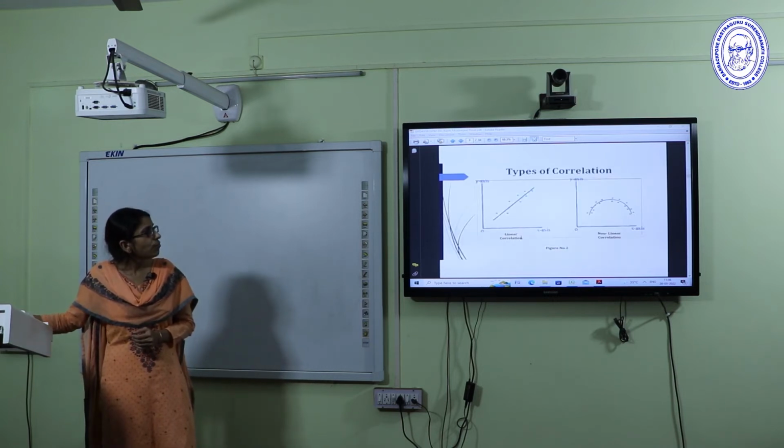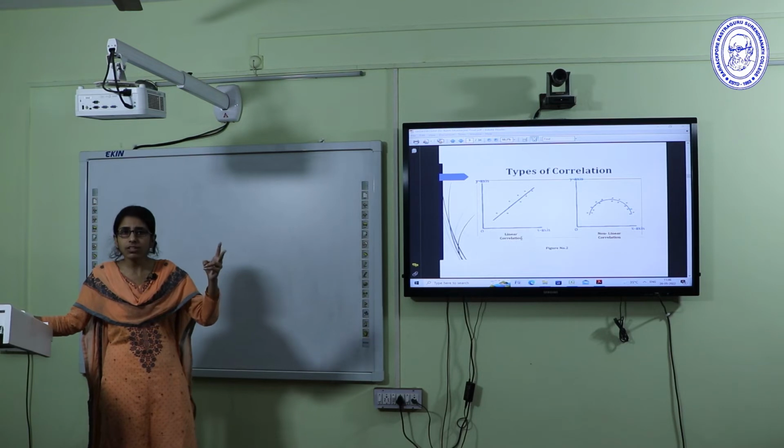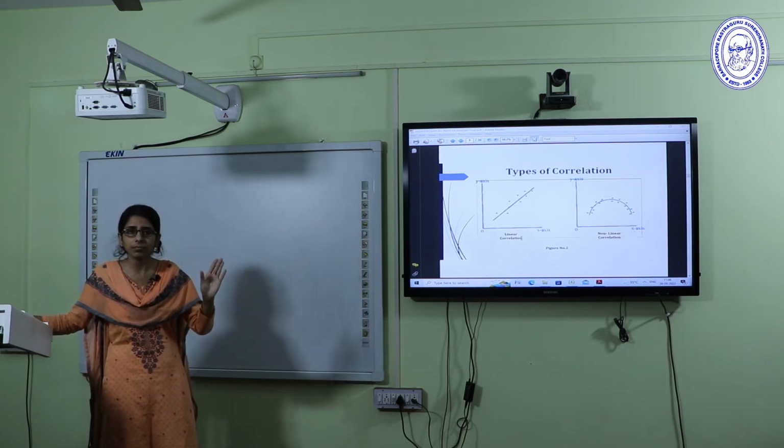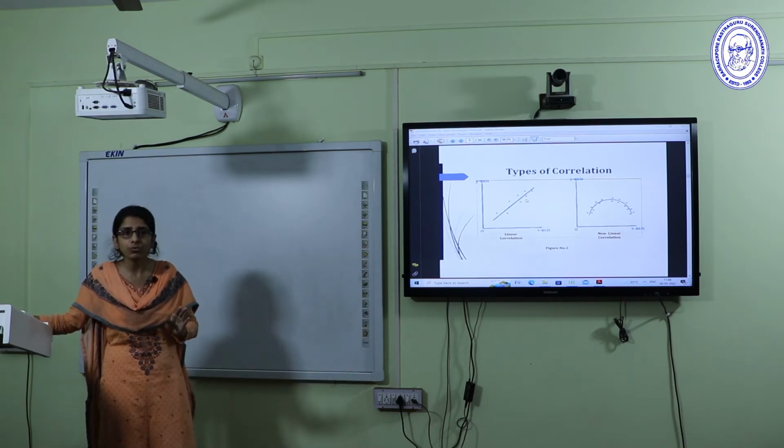This is a kind of linear correlation. That means when the two variables change, the ratio of change is persistent. That's why there is a positive slope also.